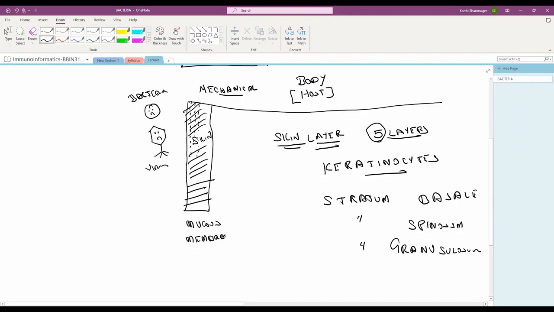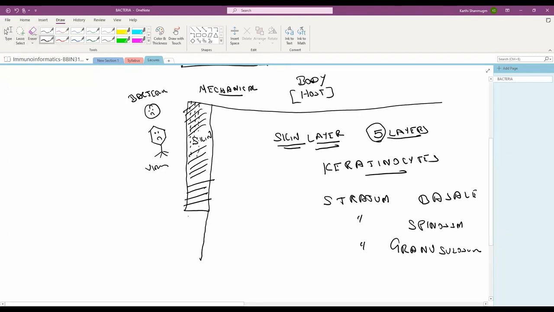So these are membranes which do not have the structure or the architecture like skin. This is a modified surface. So let me put this mucous membrane graphically as maybe something like this. Okay, say this is the mucous membrane.